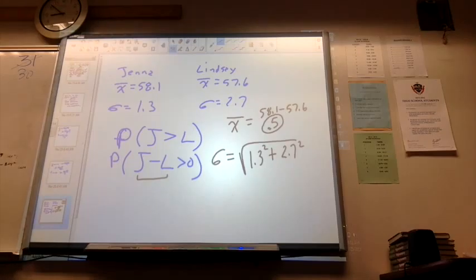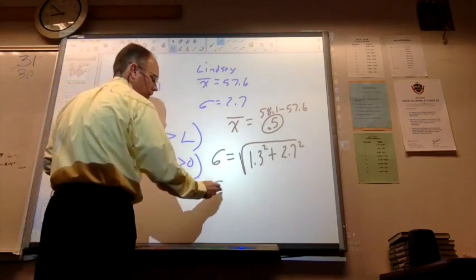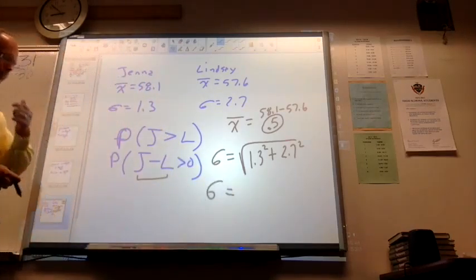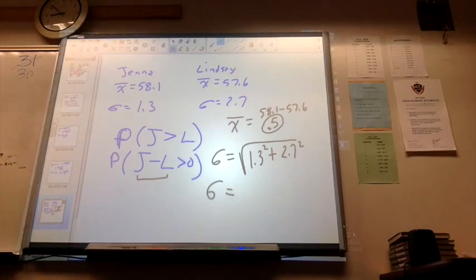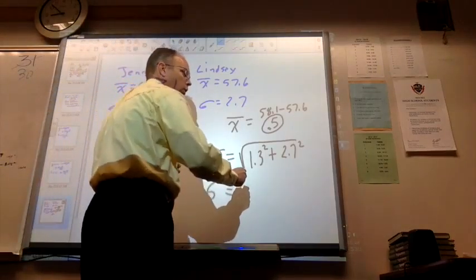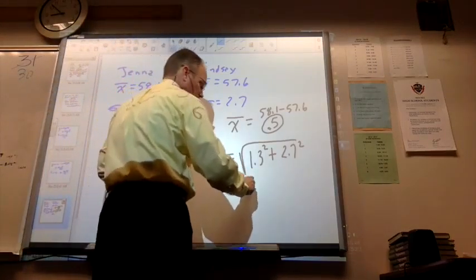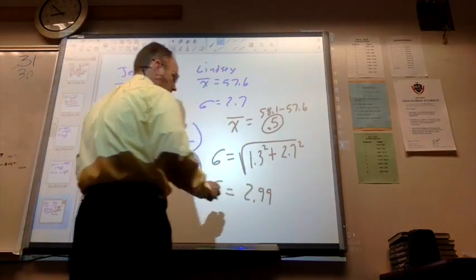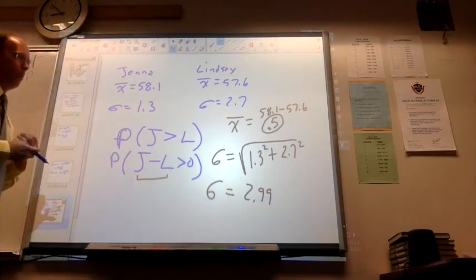Take the square root of it. And what'd you get? 2.99. That was a square root as well? Yeah. Okay, so we now have a new standard deviation of 2.99.